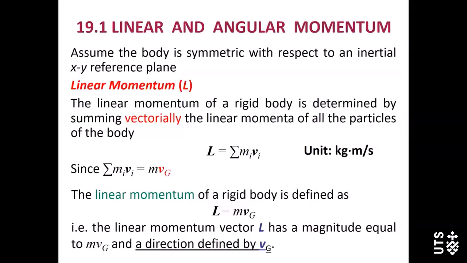We already knew how to calculate the linear momentum of a particle. We can sum the linear momentum of all the particles of a rigid body. Then we can obtain the linear momentum of a rigid body. Please note, momentum is a vector, so the summation is the summation of vectors.